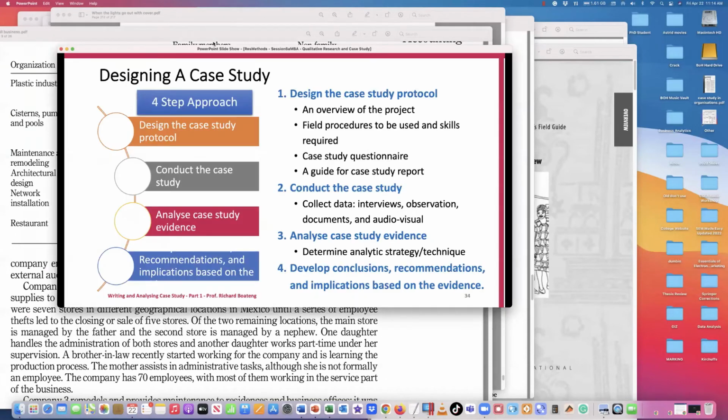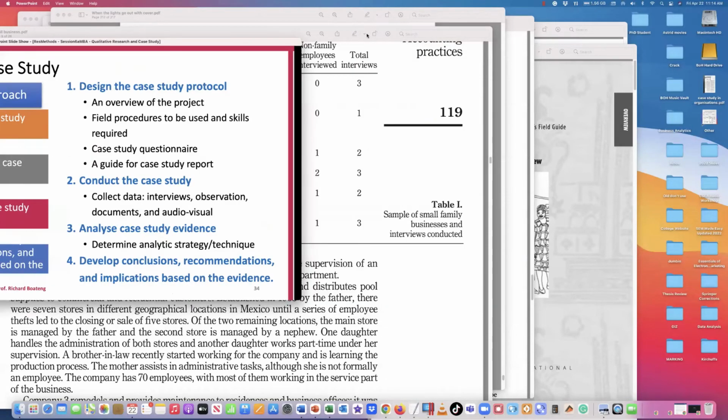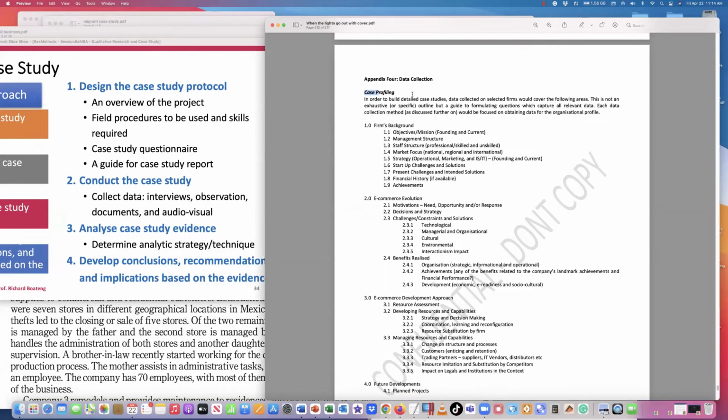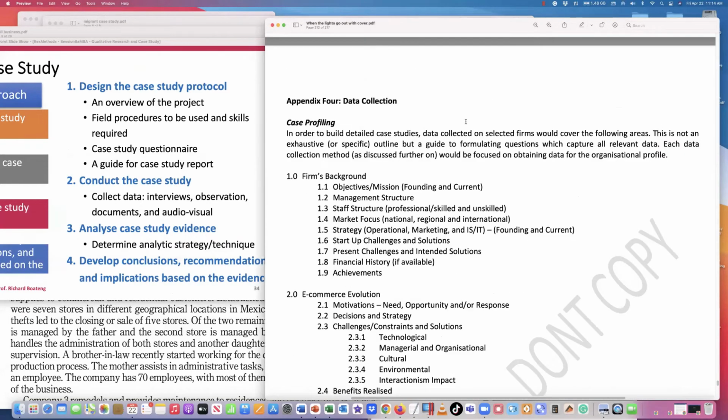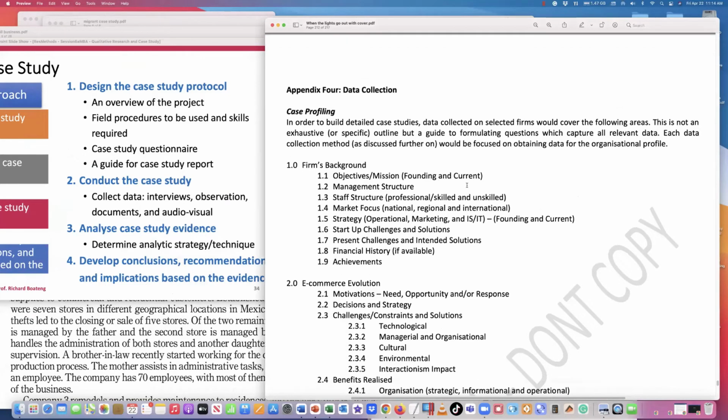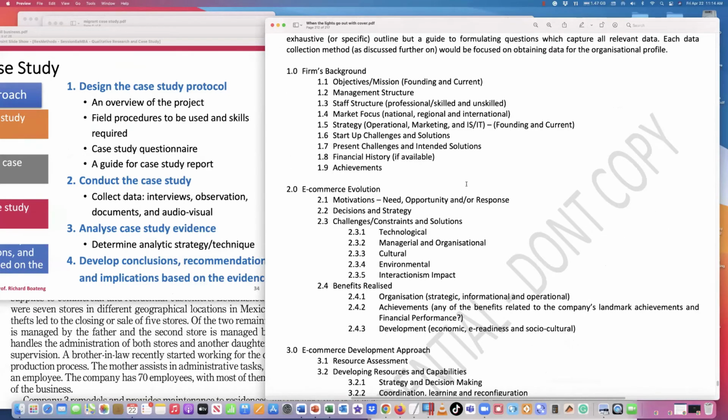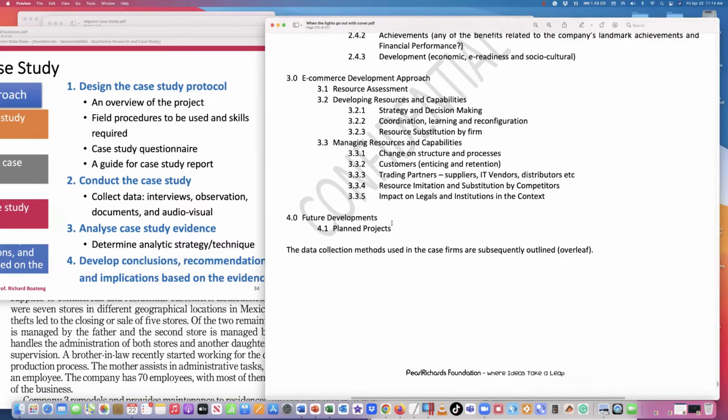Look at this one, the items are there, and then let's compare. So this is the case study profile, a guide for the case study report. In this structure you are asking questions on the background, the context, and then the issues. You can see it all captured here.